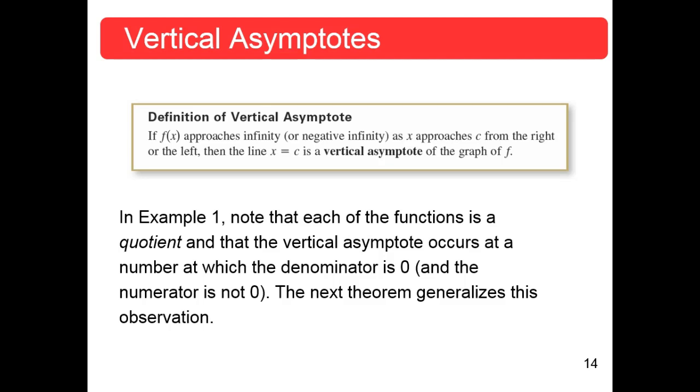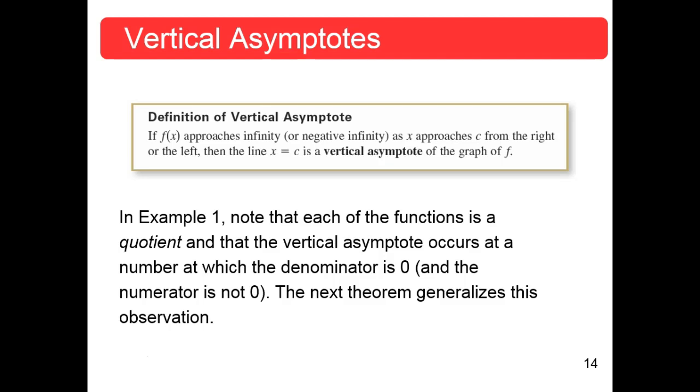Now, in example 1, note that each of the functions is a quotient and that the vertical asymptote occurs at the number for which the denominator would be 0. Okay? The numerator can't be 0. Why? What if the numerator was 0 and the denominator 0? Indeterminate form. Yeah, you can't say that it doesn't exist there. It may not exist, but it may not have a vertical asymptote there.